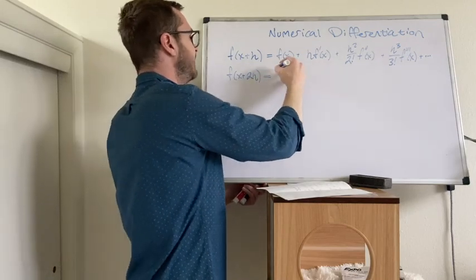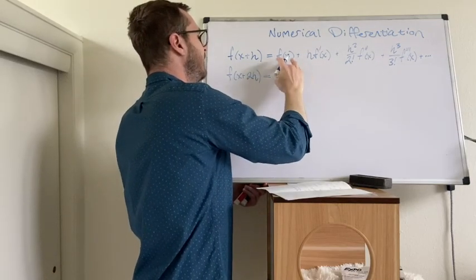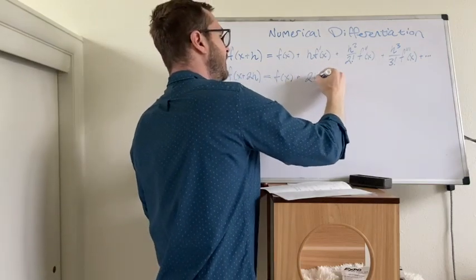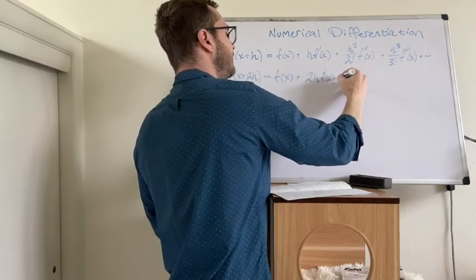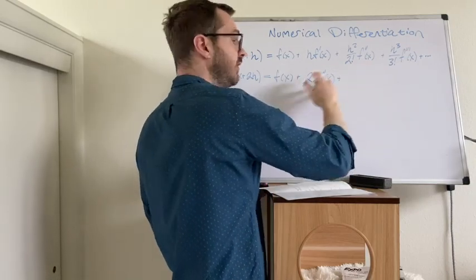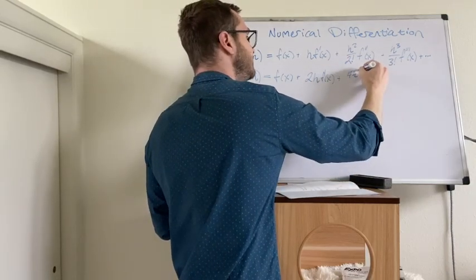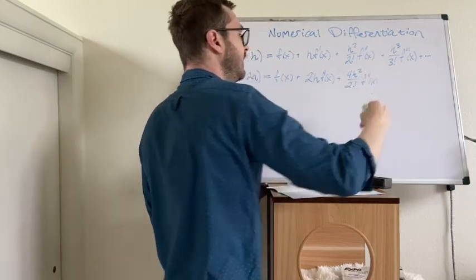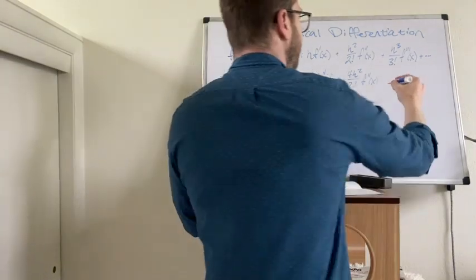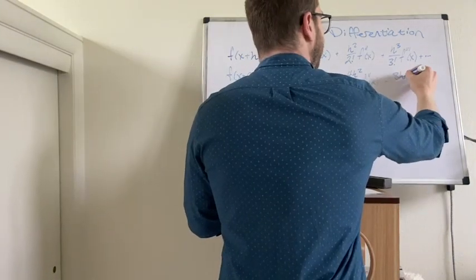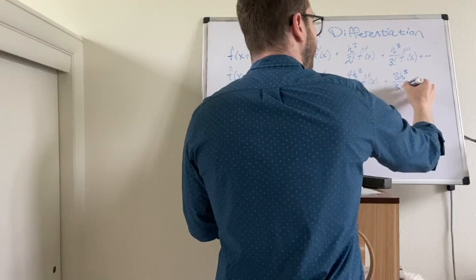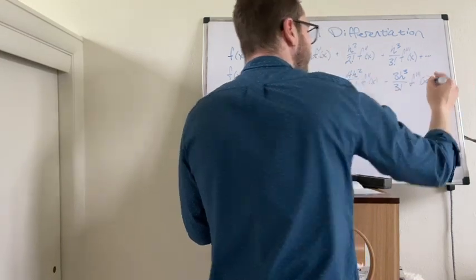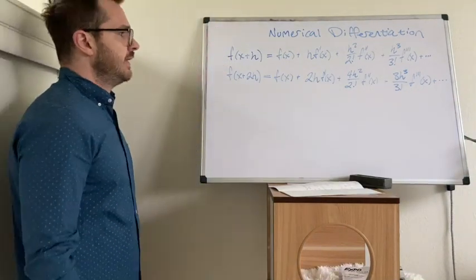And let's write out the Taylor series for this. So this is f of x plus 2h f prime of x plus 2h squared, so 4h squared over 2 factorial f double prime, and then the next term, 8h cubed over 3 factorial f triple prime of x plus dot dot dot.